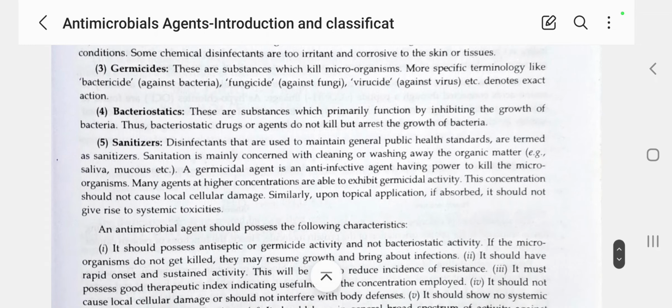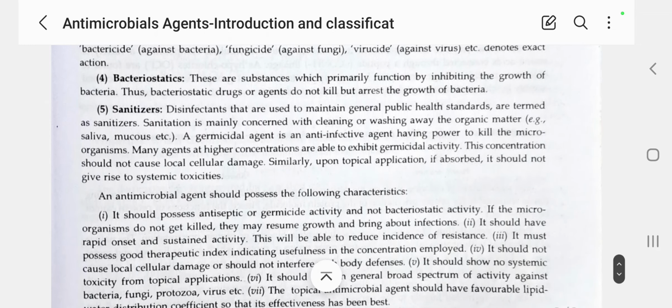Next we'll see about sanitizer. Sanitizers are disinfectants that are used to reduce microbial contaminants and maintain general public health standards.